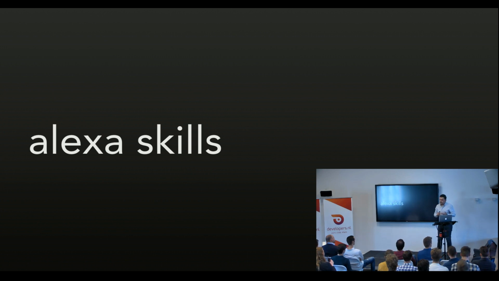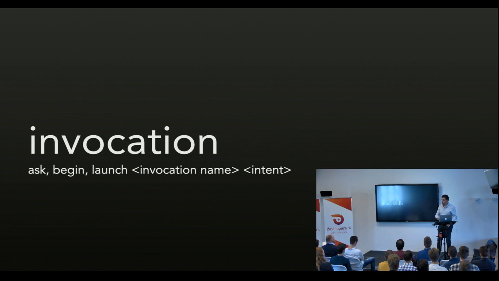And how we do that is through Alexa skills. The Alexa skills that we are going to create are programs that are going to run and output stuff, and you will actually hear the Echo say it. So let's start off with how an Alexa skill is built up. The most important thing is the invocation, which is kind of the name of the skill.